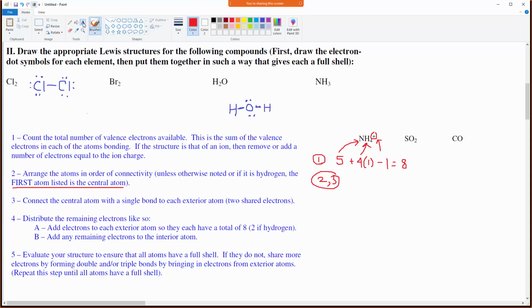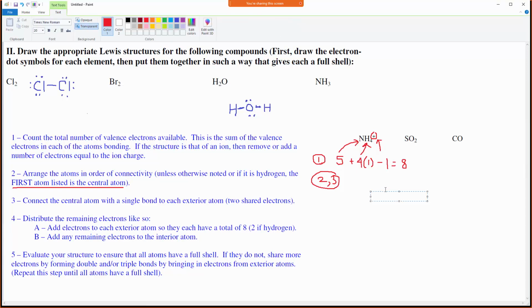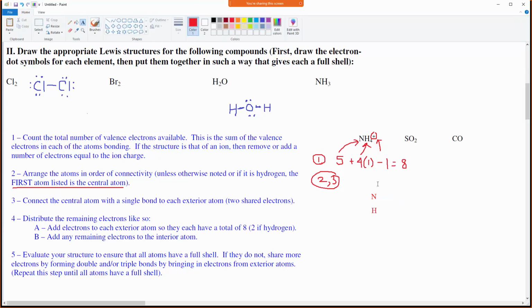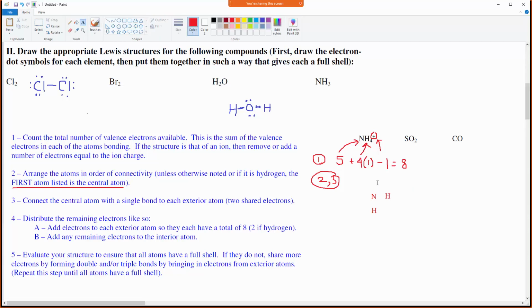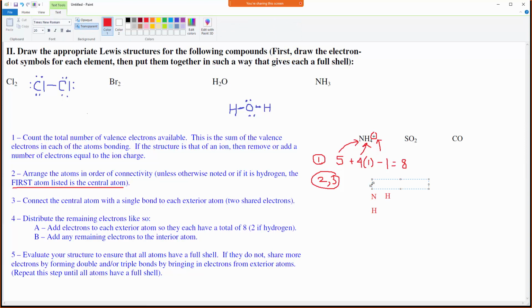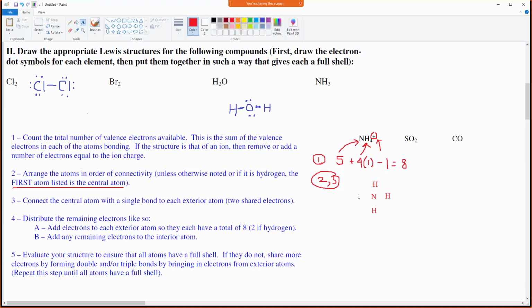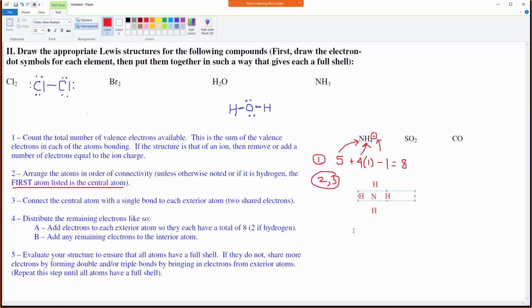That's what they say. Nitrogen goes in the middle. And then everything else is connected to it. So we're going to have 4 hydrogens. And again, we got top, bottom, left, right. 4 hydrogens, there we go.